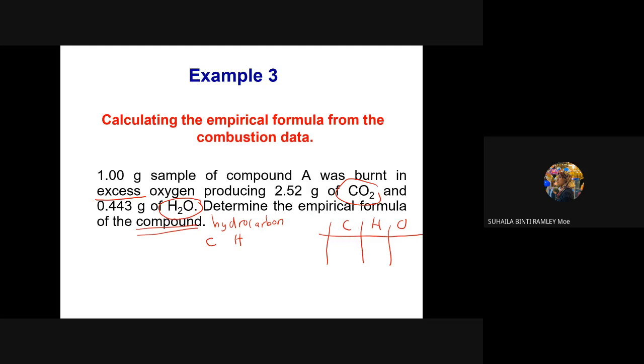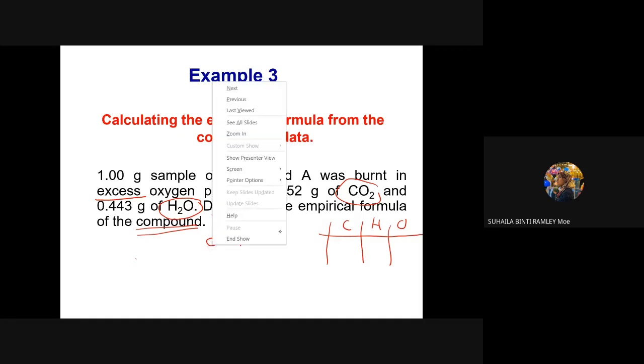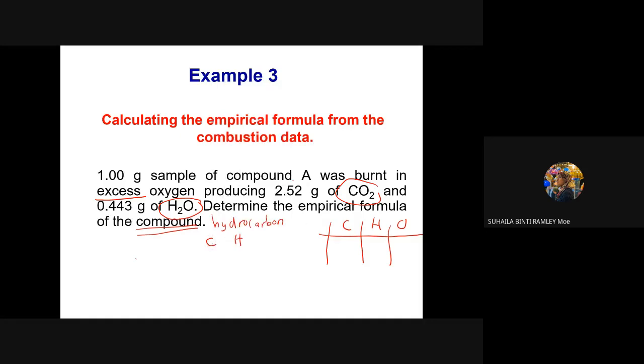So to calculate the mass of carbon, how do we calculate it? Carbon is in carbon dioxide, so we calculate the mass of carbon in carbon dioxide. In carbon dioxide, how many moles of carbon? 1. So the mass of carbon is 1 times 12, 12 gram.